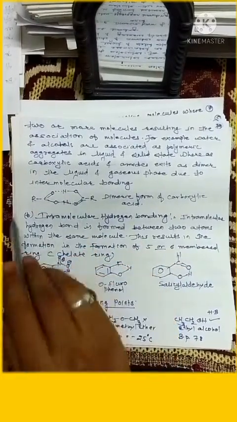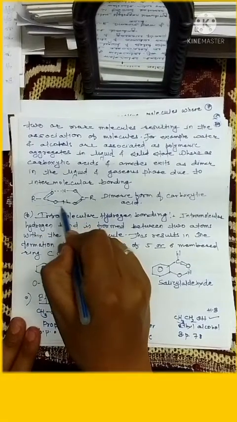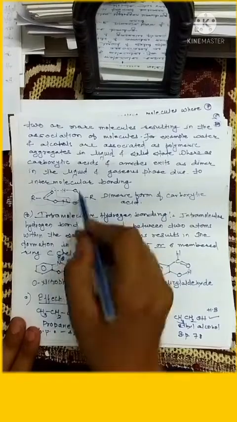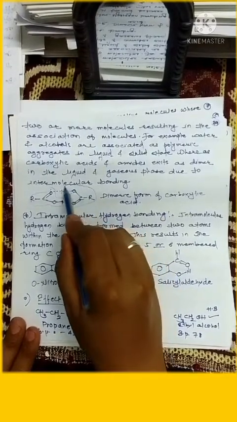So just see, in this case, this is one molecule of acid, while this is the second molecule of acid.